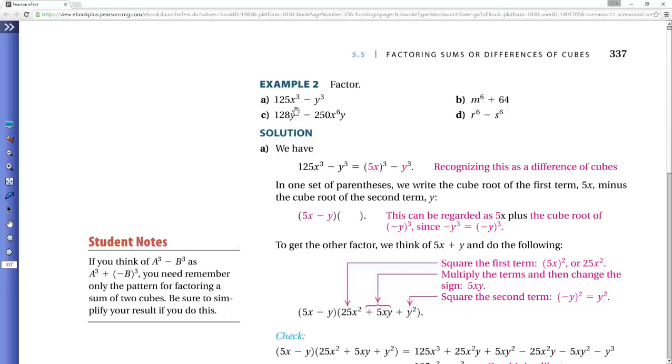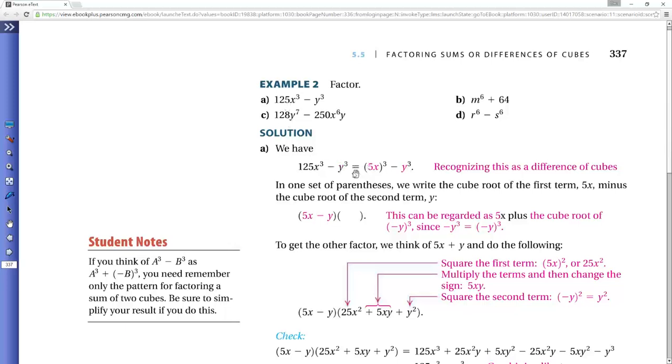So if I have 125x cubed minus y cubed, well, this is pretty obvious. This is something cubed. Not too sure about this. And then I have to say, well, 125, if I prime factor 125, I end up with 5 times 5 times 5, or 5 cubed.